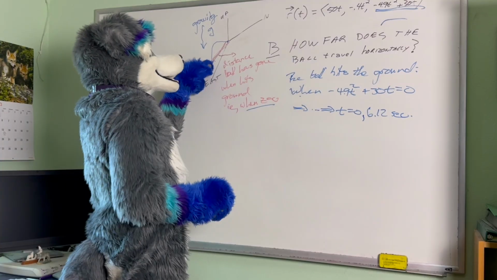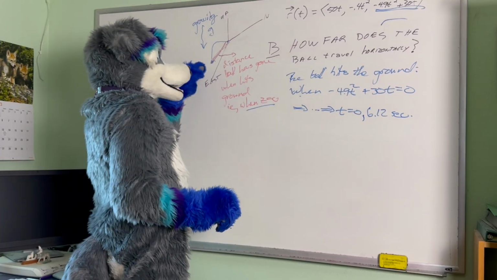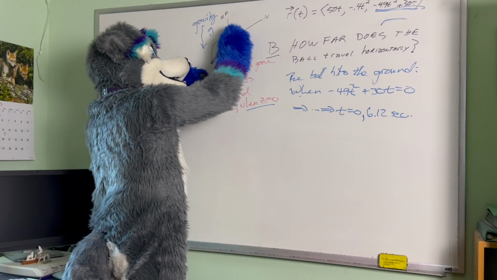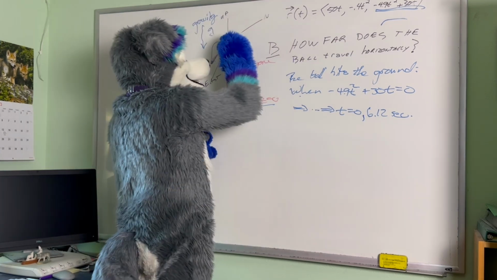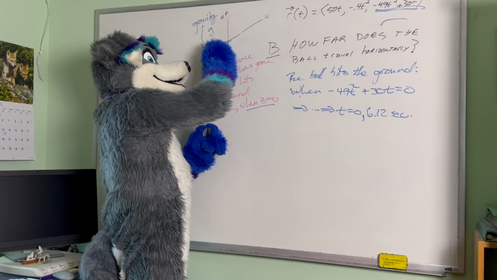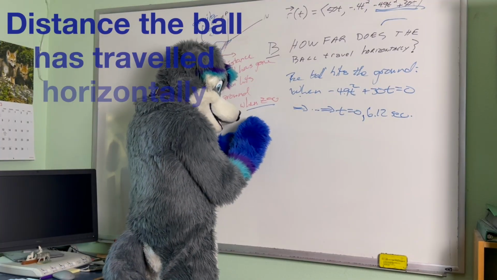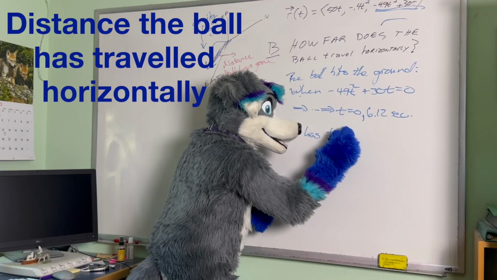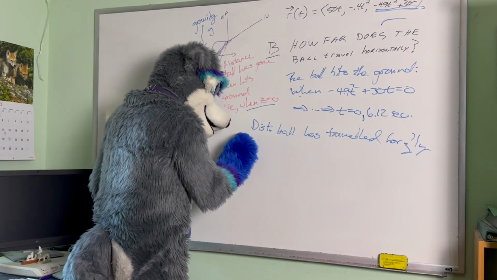So it's taken 6.12 seconds to get to this spot, and we want to know how far this is from the origin. That's the distance formula. If we look at this as a vector, that's the length of that vector. So we're looking for the distance the ball has traveled horizontally, which is the length of that vector.